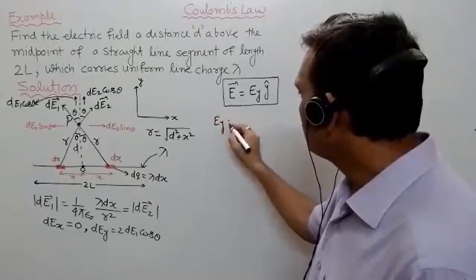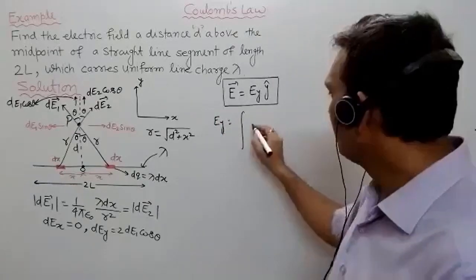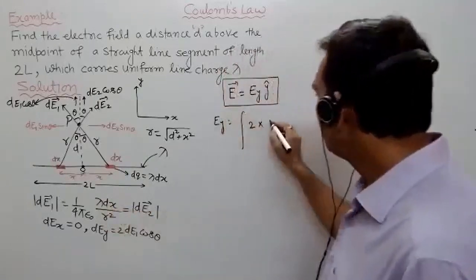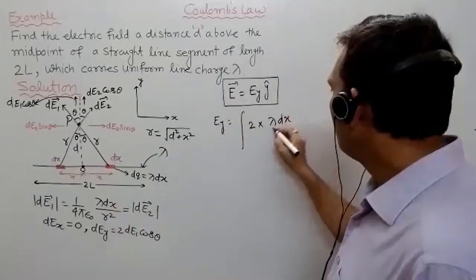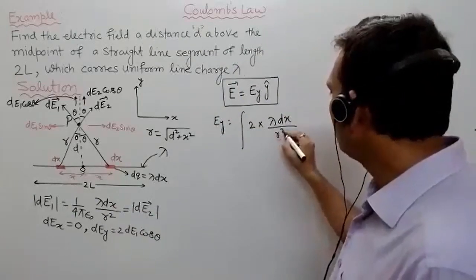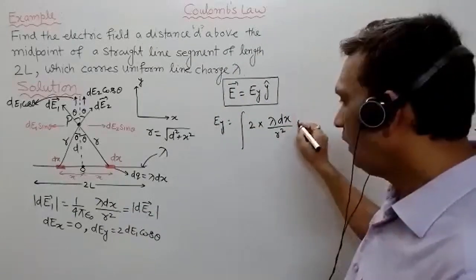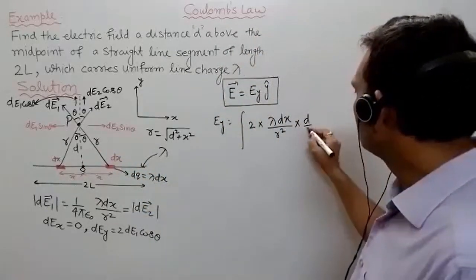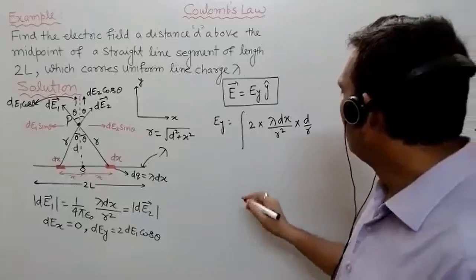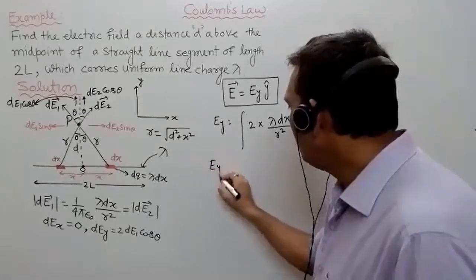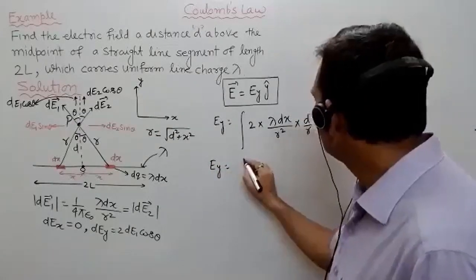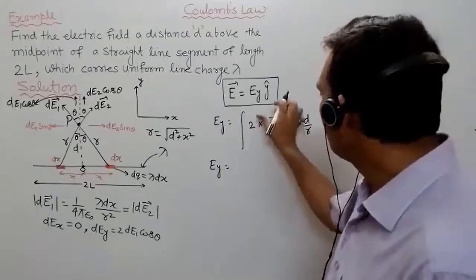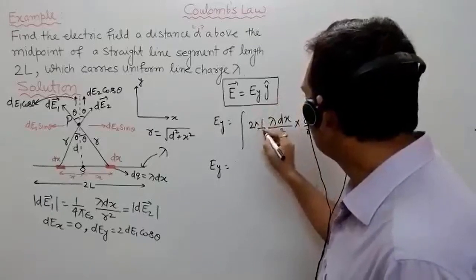Component Ey is given by the integral of twice dE1, where dE1 is lambda dx by r square, into cos theta, which is d by small r, and 1 by 4 pi epsilon naught is also there.